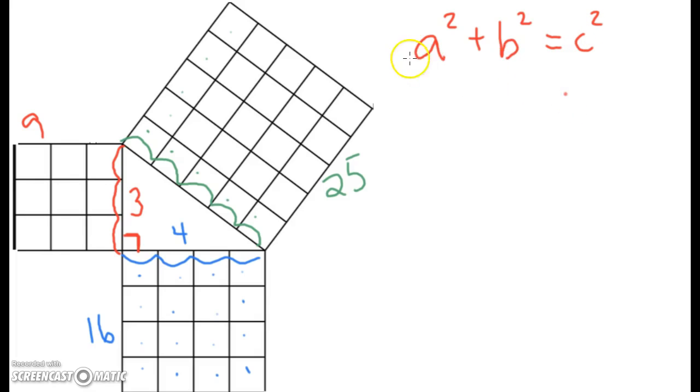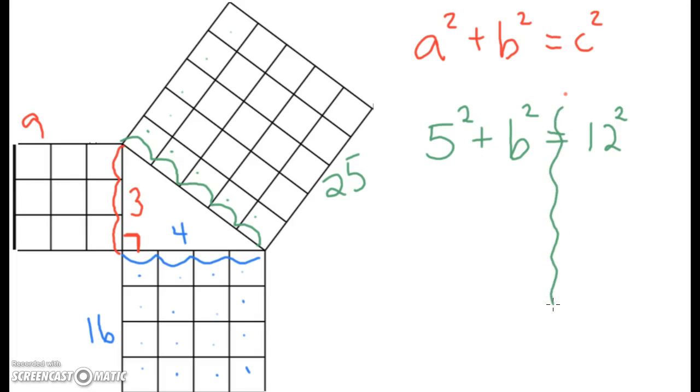When you're solving for a or b, you kind of have to work it like an equation. Like if I had that a is 5, and I didn't know what the other leg was, but I knew c was 12. You have to solve this sort of like an equation. So you first start by squaring everything you know. 5 squared is 25.